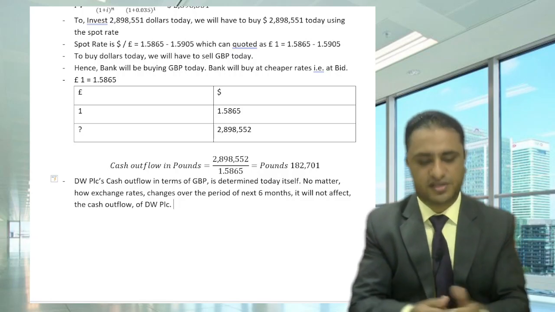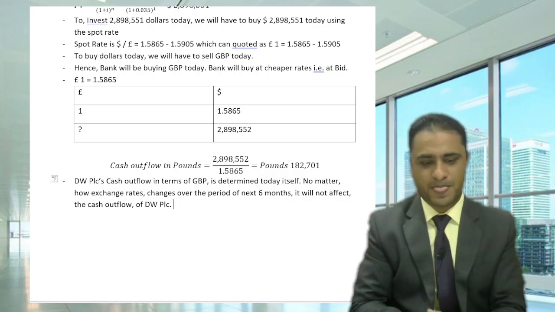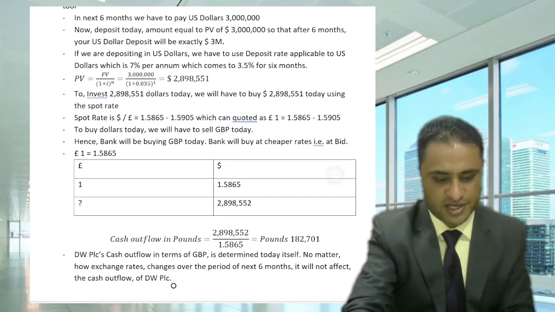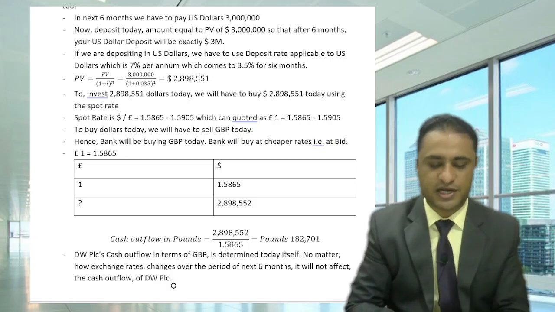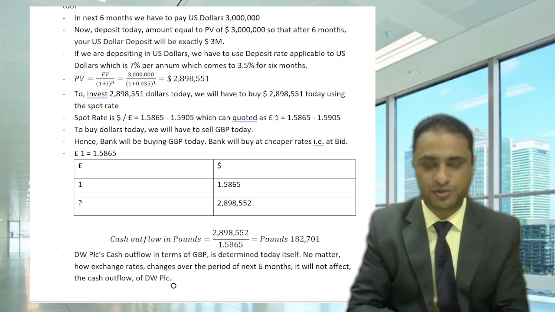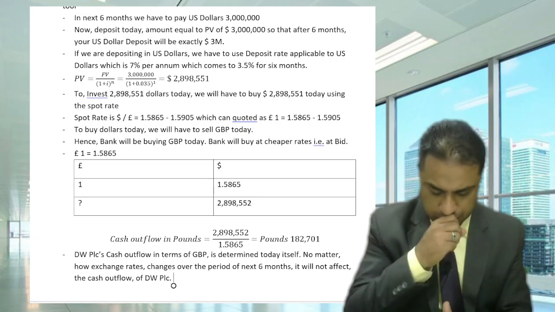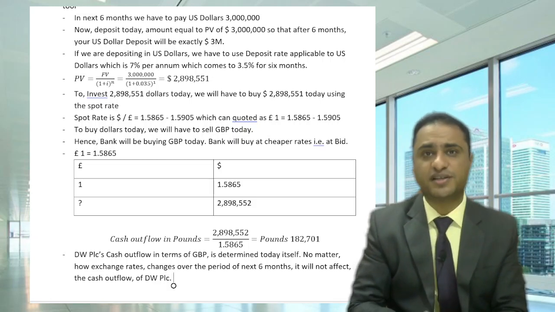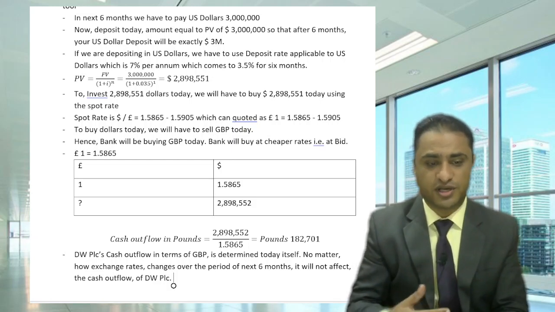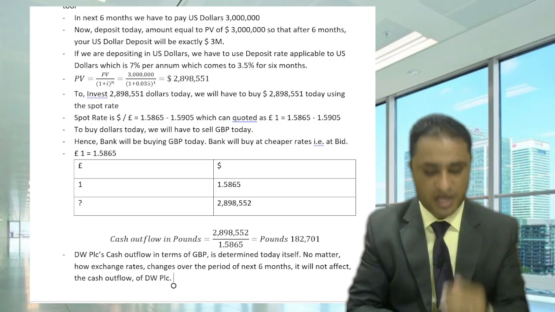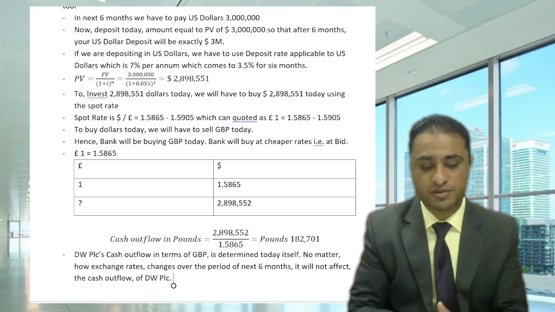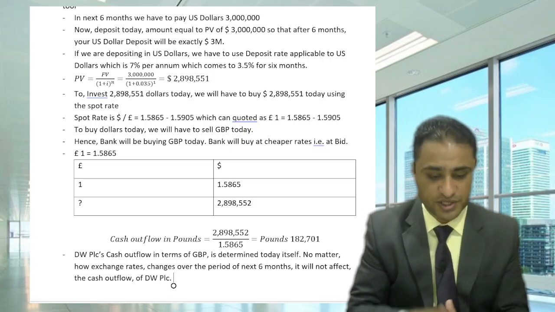So, isn't this what we call hedging, that we in advance determine how much exactly we are going to pay in foreign currency or in a home currency. So now, today, it is determined how much will be your cash outflow in terms of pounds.